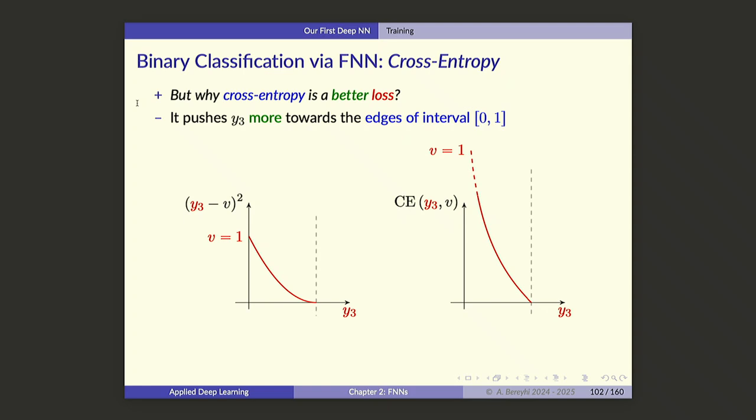So if our neural network just gives us a very bad estimate, a very bad output, like the label is 1, but it's giving a probability close to 0, which is not the case, then the loss function in this case is going to give a very, very high penalty to it. And this means that the gradient is going to be much larger, and then when you are backpropagating, most probably in your next update, you're going to have your probability change much more, right? And this is the key point of this cross entropy.